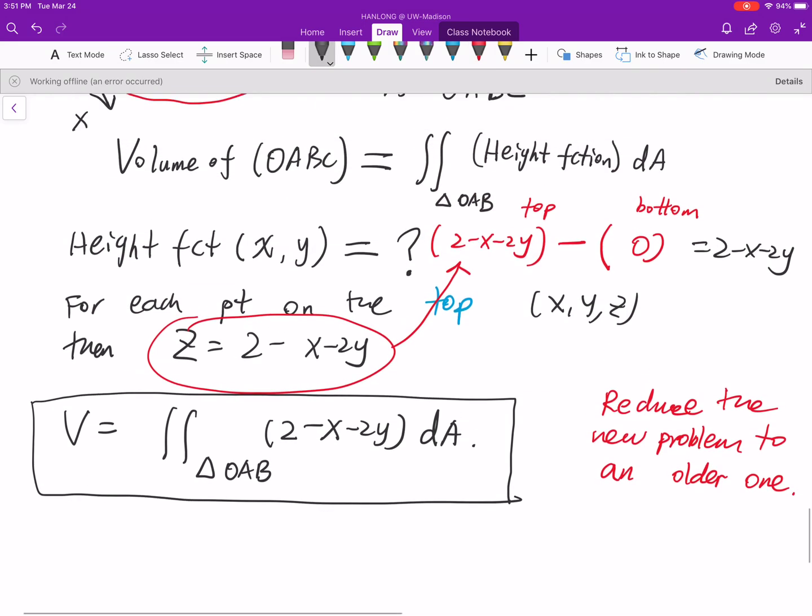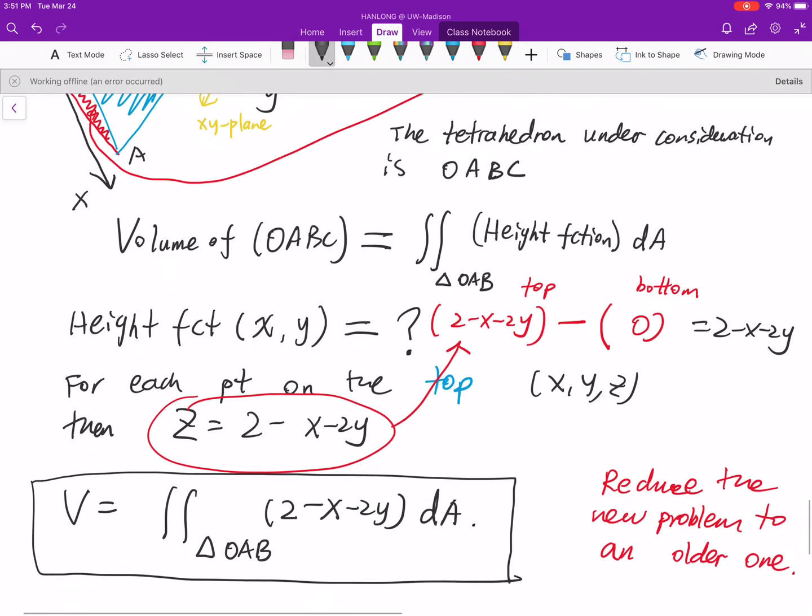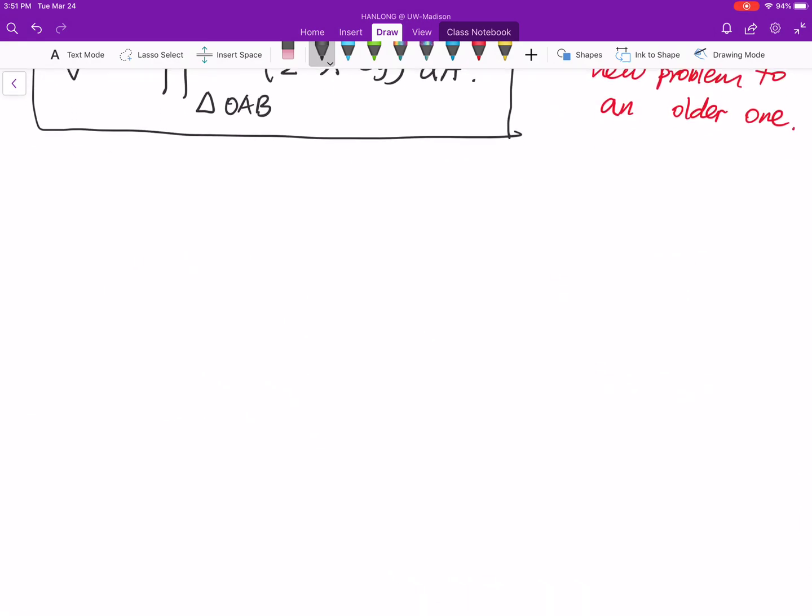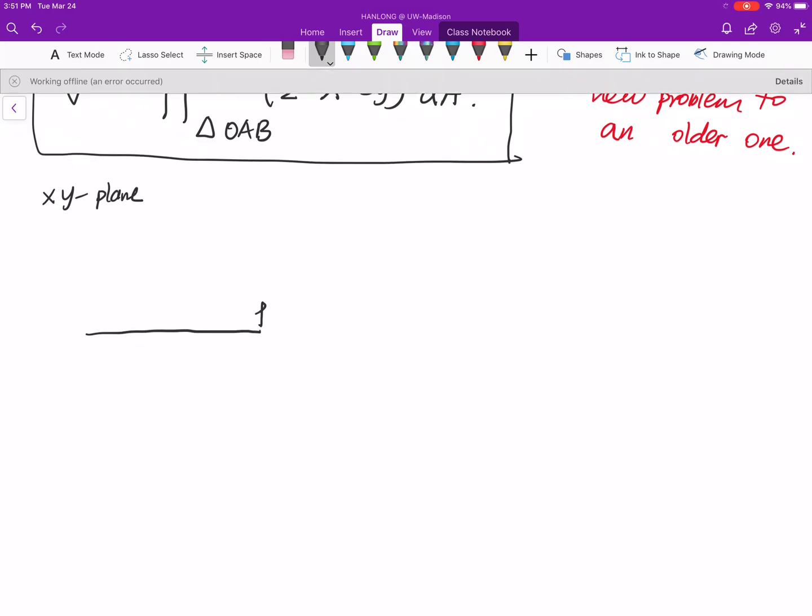Next we just follow the standard procedure and figure out what OAB is. For this purpose, I will draw the XY plane in 2D.